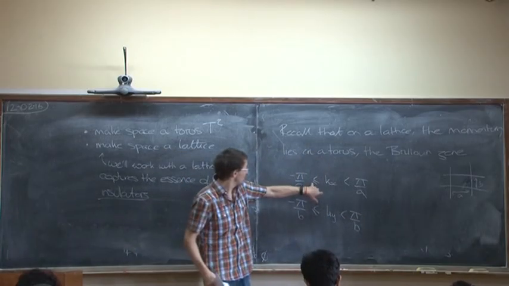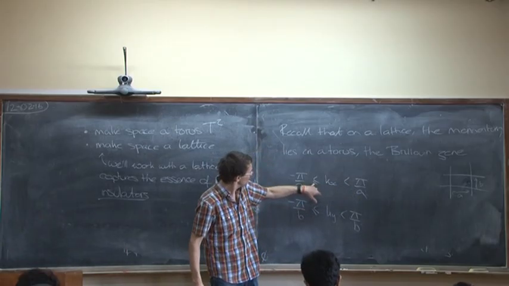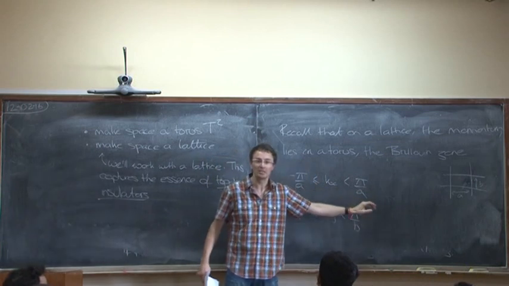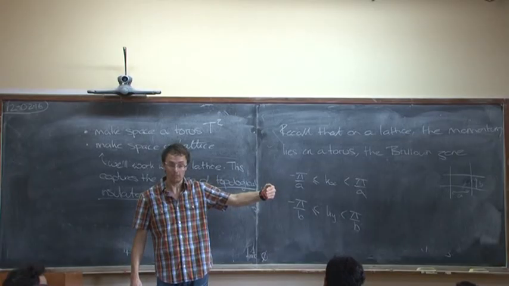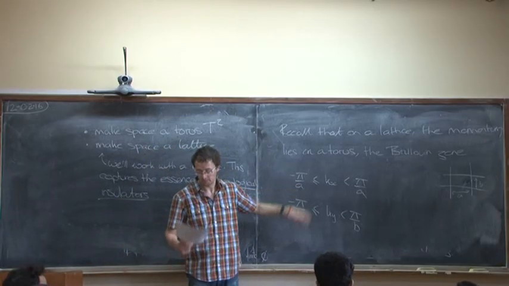The crucial part is that it's an inequality here, an inequality here, and a less-than-or-equal-to here, because momentum equals minus π over a is the same thing as momentum equals π over a. Physically, you can just impart some momentum onto the lattice and shift yourself backwards.